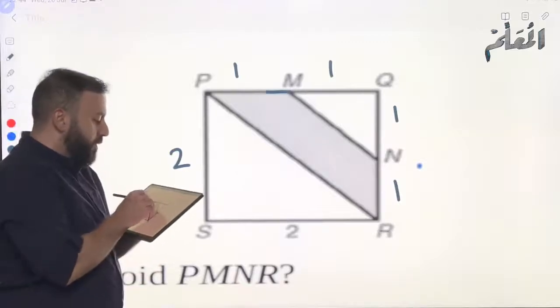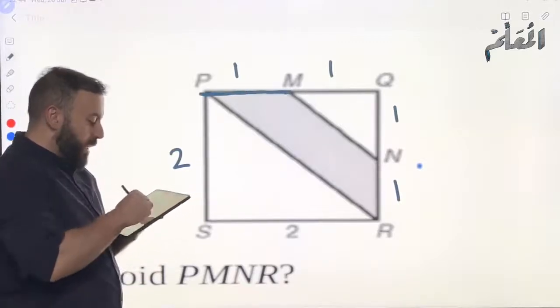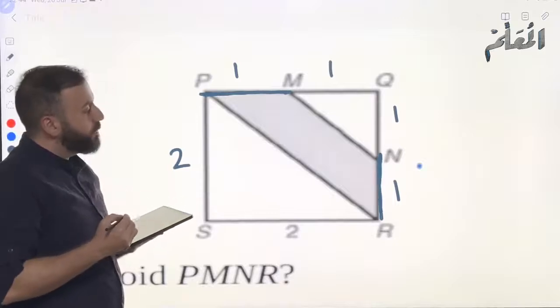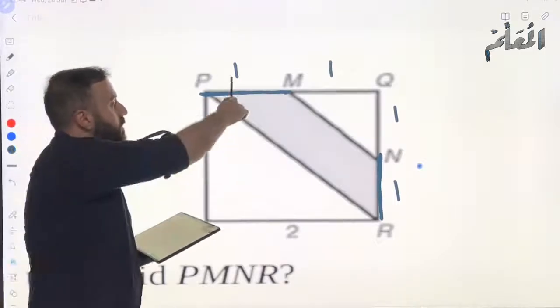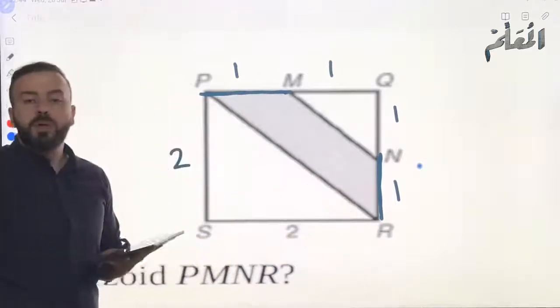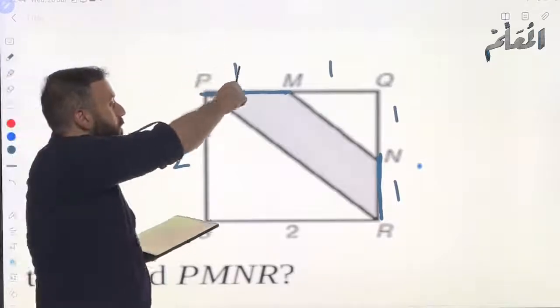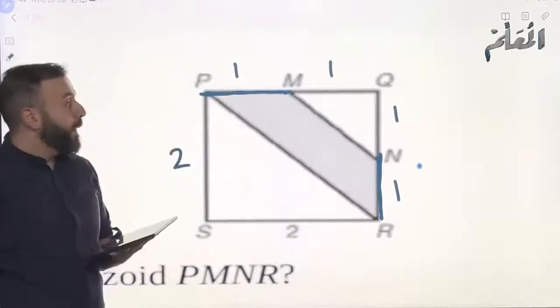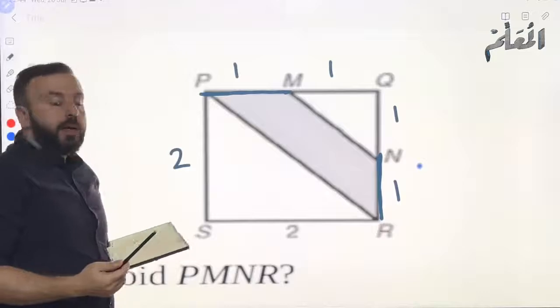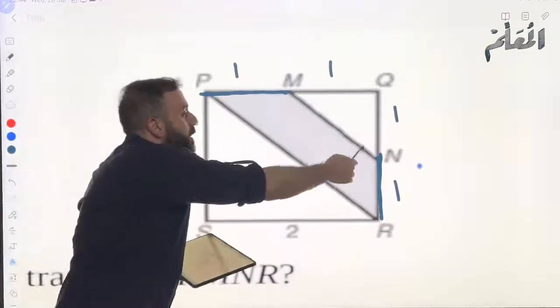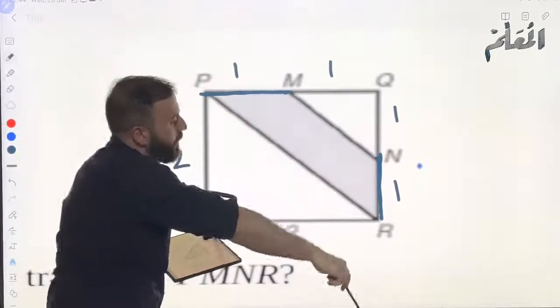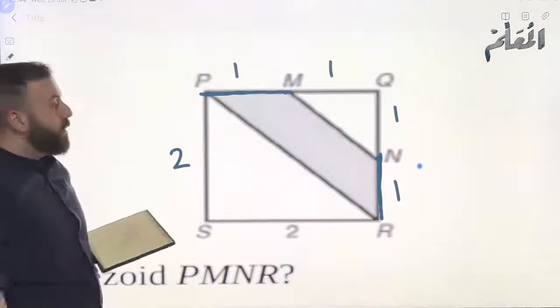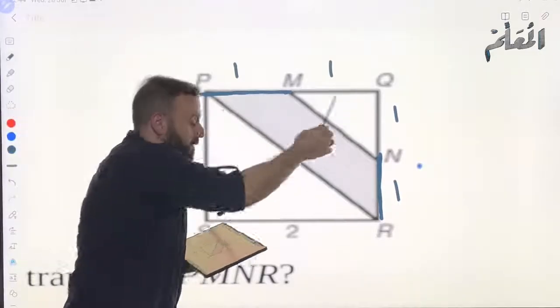So instead I have this side as 1, and this side is also 1. Here 1, and here 1. If I want to calculate the perimeter, MN is missing here and PR, sorry, is missing. So to get the MN, I know in the square this is 90 degrees.